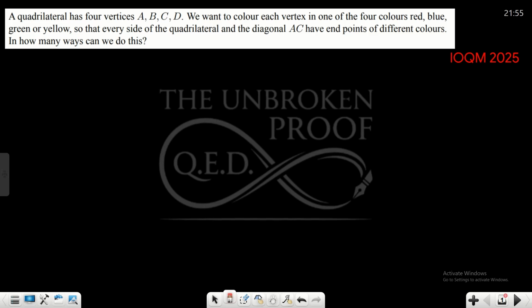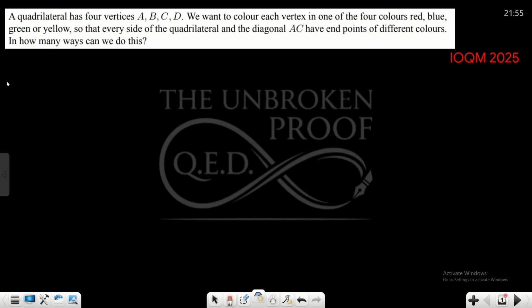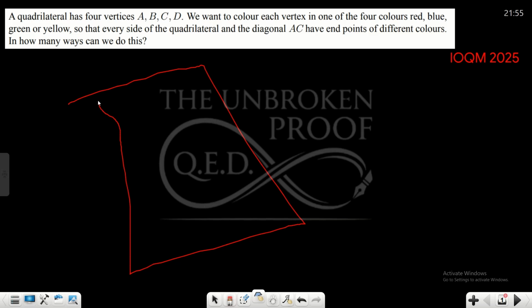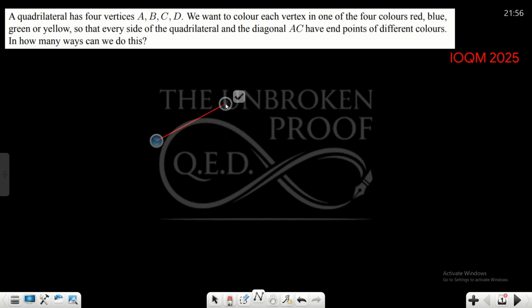Now let us draw the quadrilateral first. We will have a random quadrilateral.